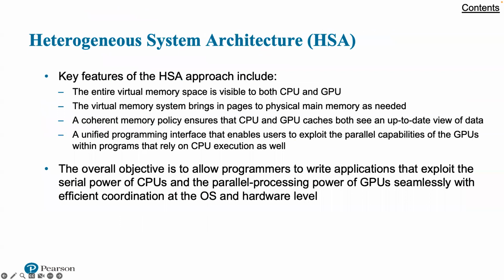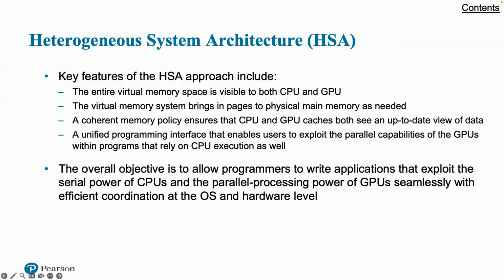A number of research and development efforts are underway to improve performance over that described in the preceding discussion, of which the most notable is the initiative by the Heterogeneous System Architecture, HSA, Foundation. Key features of the HSA approach include the following. 1, the entire virtual memory space is visible to both CPU and GPUs.